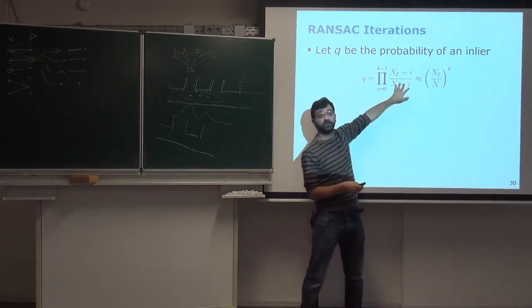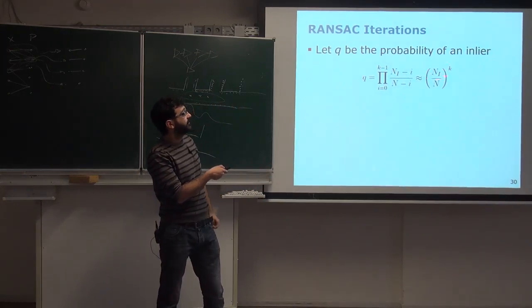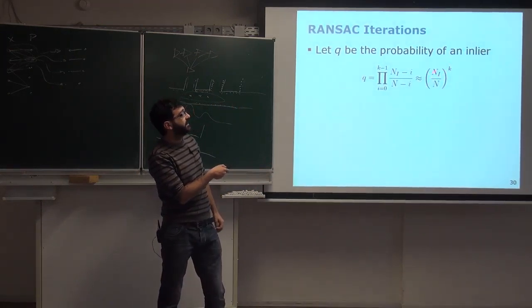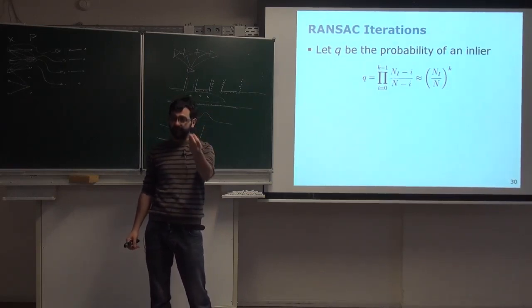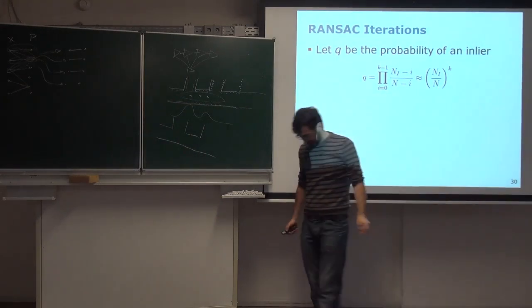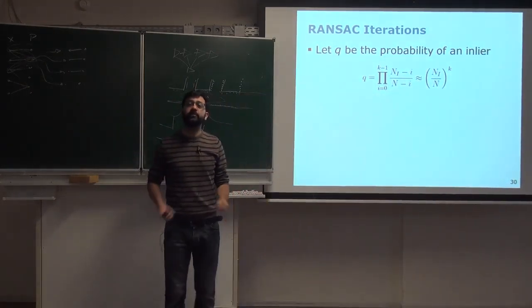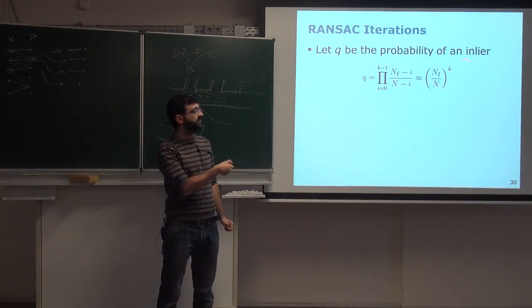This has not much influence in here, and then we can just approximate it as the ratio between the number of inliers divided by the number of total points, so the probability of an inlier, to the power of the minimal solution set. Okay, so basically we go from sampling without replacement to sampling with replacement.